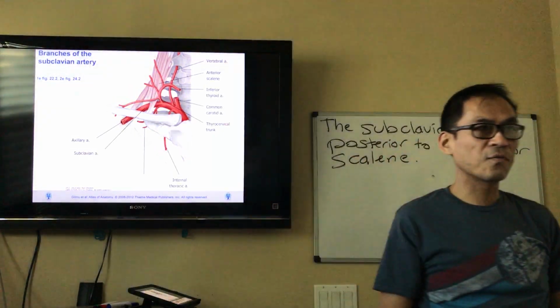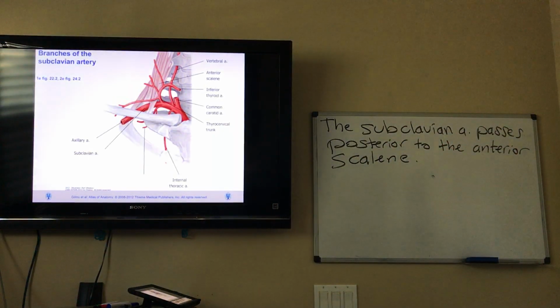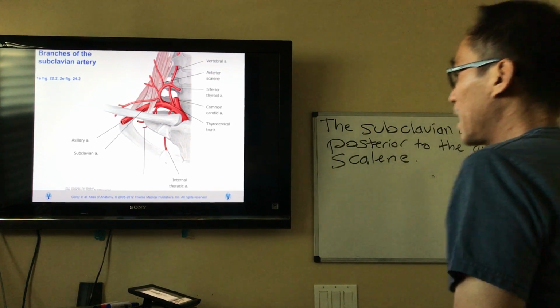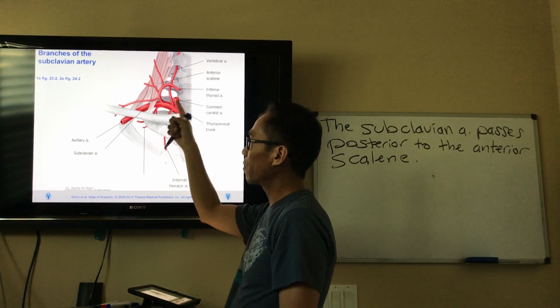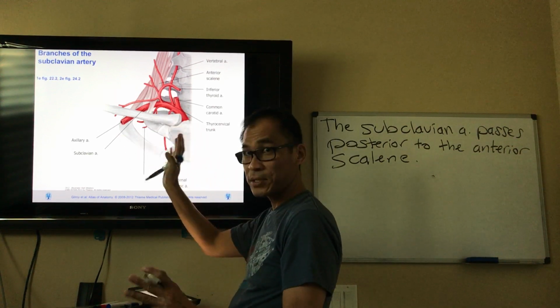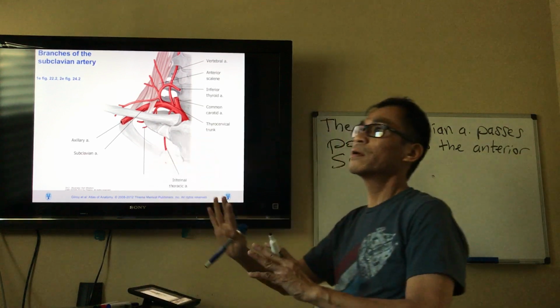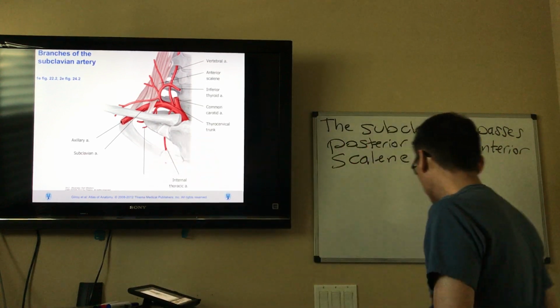Here's a simplified picture from the book. It just kind of shows you exactly what I want you to see. One thing you might notice, the name of the artery changes when it passes the first rib from subclavian to axillary. So let's note that. The artery doesn't change, just the name.